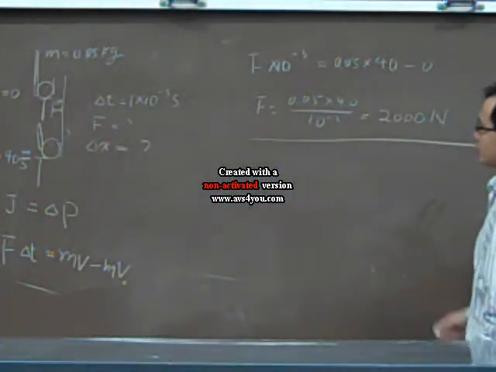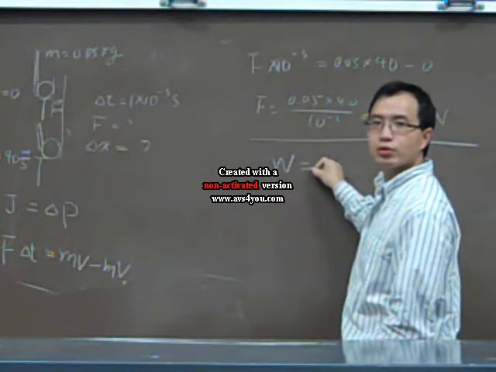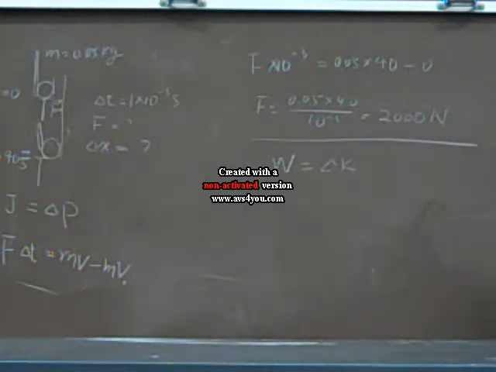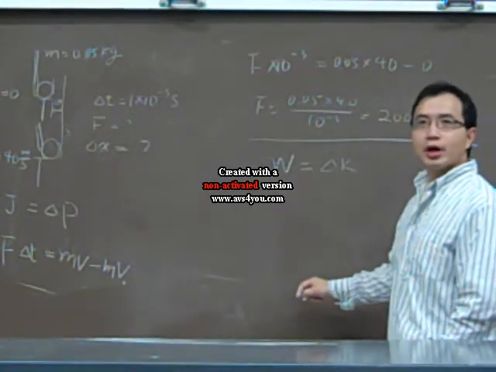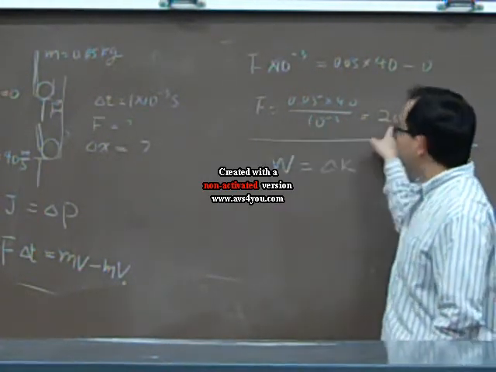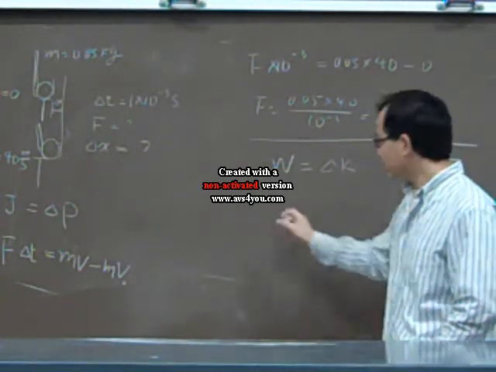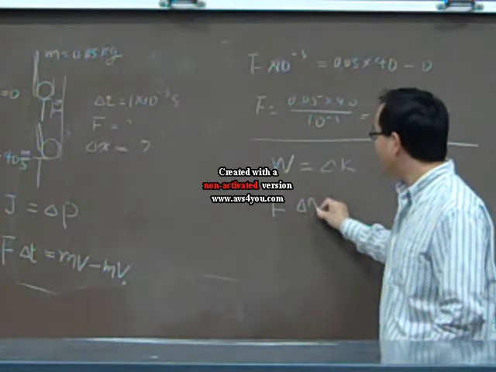But we can try to use this: W equals delta K. Now, W is work, and we already worked out the force. If we assume the force is constant, the work can be calculated as force multiplied by delta x.